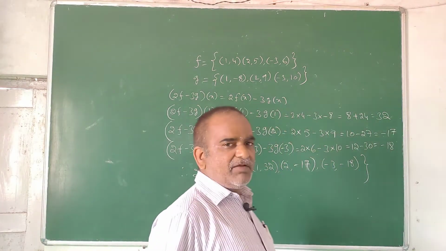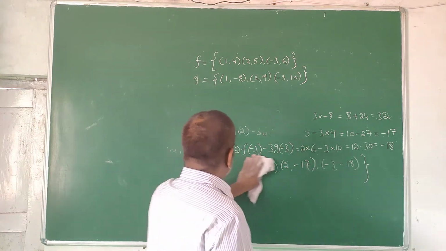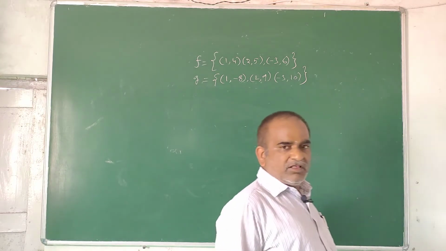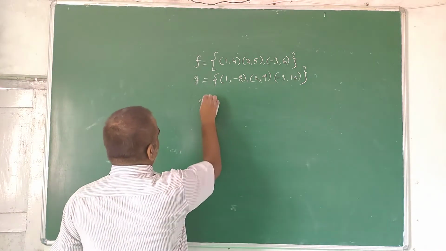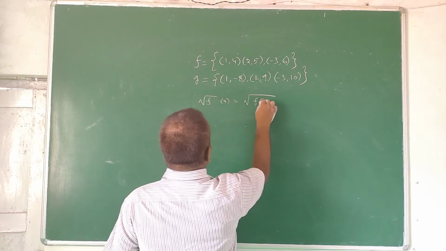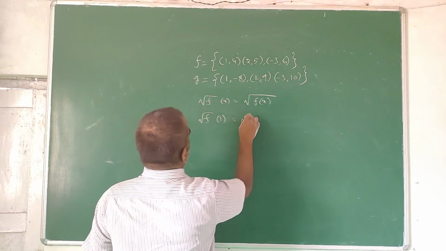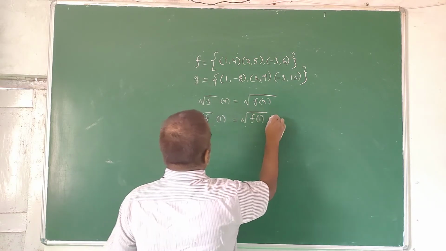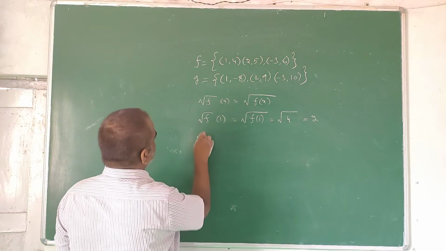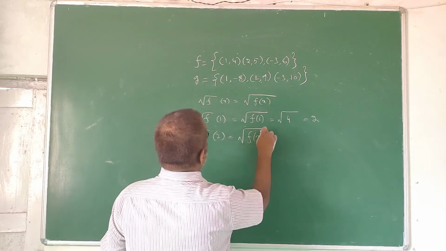Now let us find out one more, root f. So you need to find root f now. Root f of x is equal to root over f of x. This is the definition. So now root f of 1 is equal to root over f of 1, which is equal to root over 4, which is 2. Next, root f of 2 is equal to root over f of 2, which is root 5.